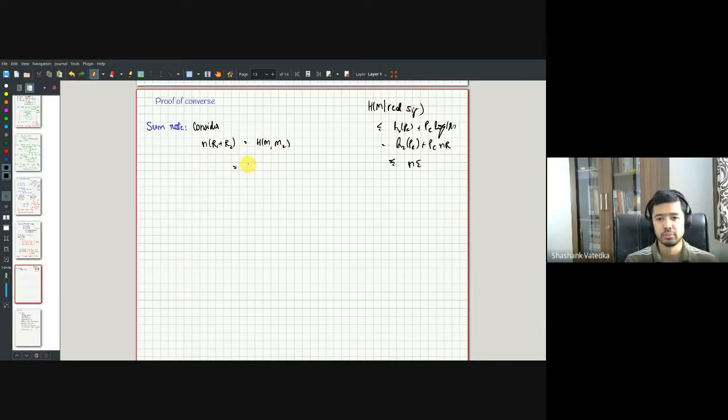So the first step to do is h of M1, M2. I will just add and subtract h of M1, M2 given Yn to this term. So what is this term equal to?